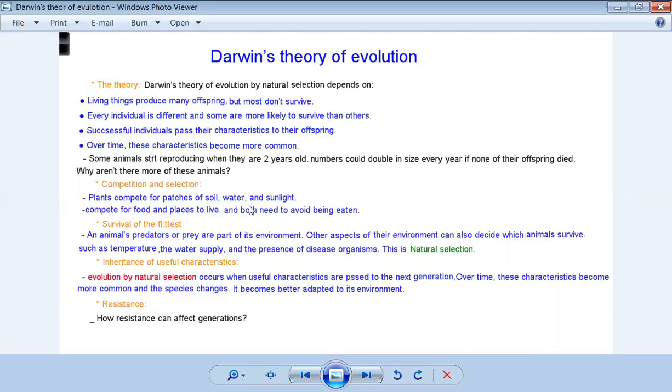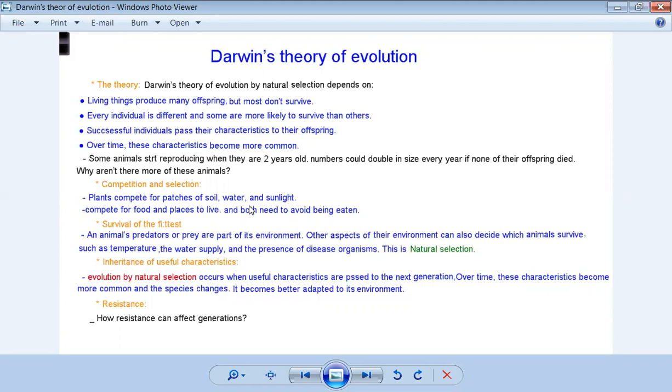But with natural selection, if they have useful characteristics, like a good instinct for hunting, they are fast enough, they have big, strong structures in their bodies, they can pass this to their generations. So over time, these characteristics become more common in their offspring.